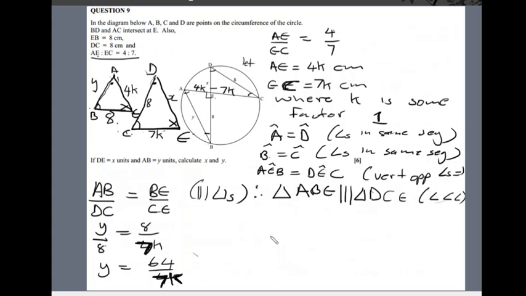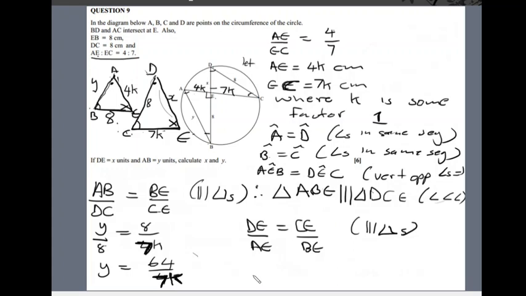Now I want x. So if I want x, I see what DE would be. DE over the corresponding side, which is AE, is equal to DC over, okay, I'll use the other side. The other side will be CE over BE. I write this because I have similar triangles, right?